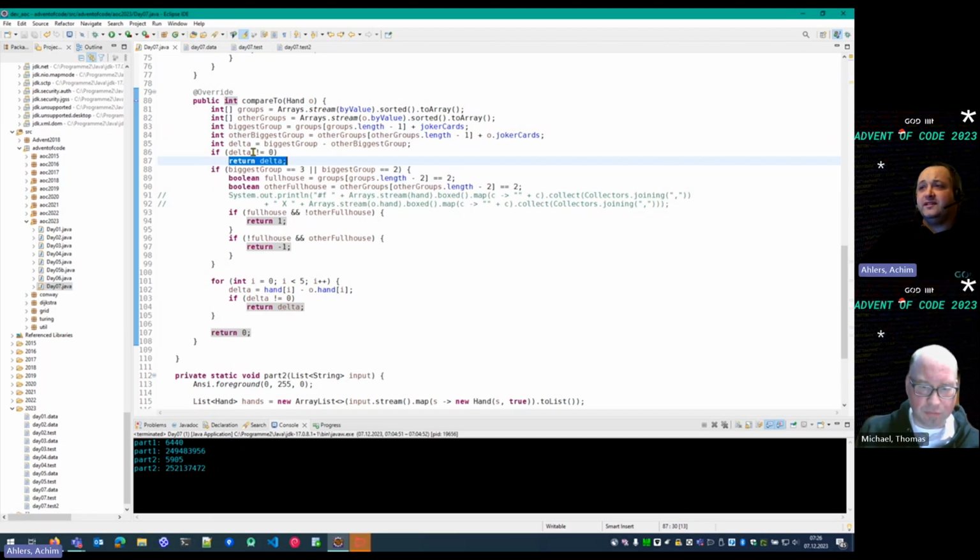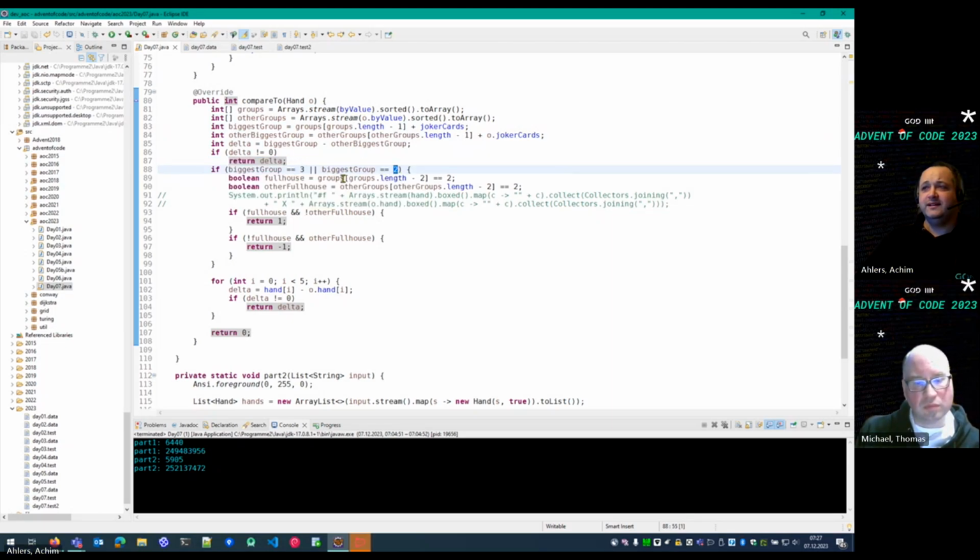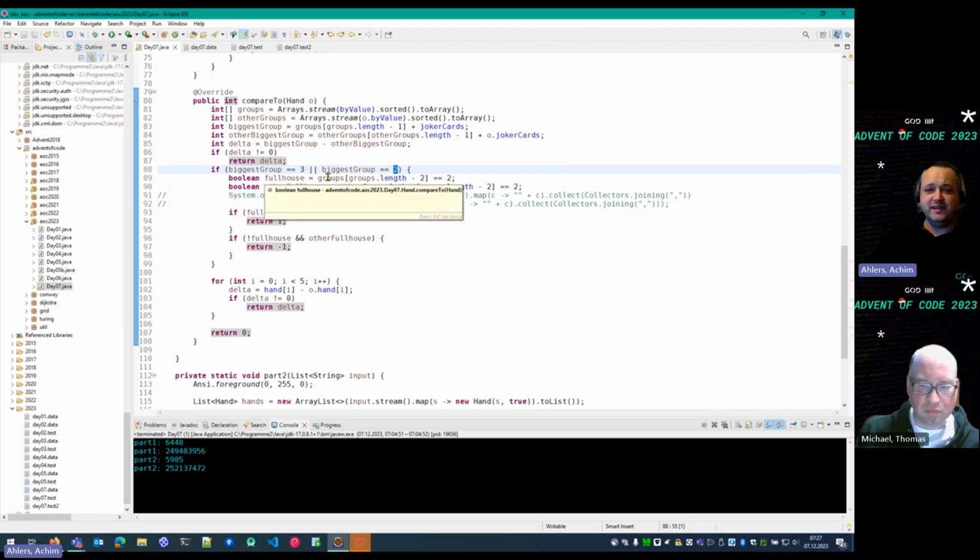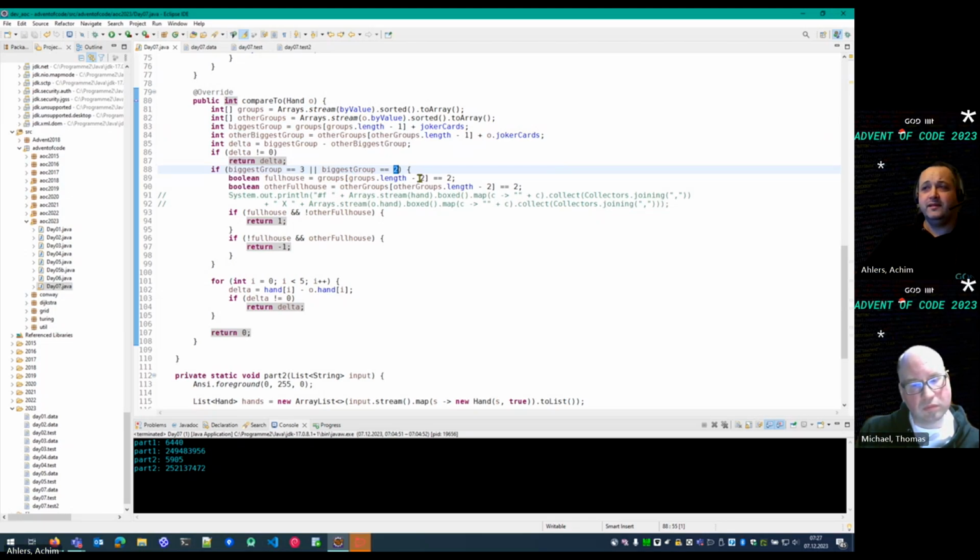But if this is 0, then the biggest groups of both hands have the same size. And in that case, if the biggest group is of size 3 or 2, I turn to the second biggest group. Because if I have a pair there, then I either have a full house or a 2-pair.